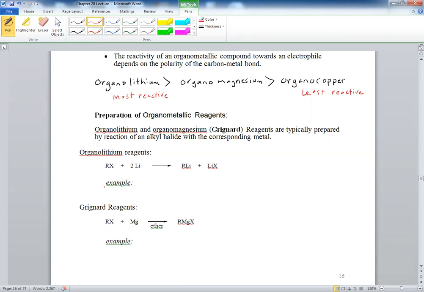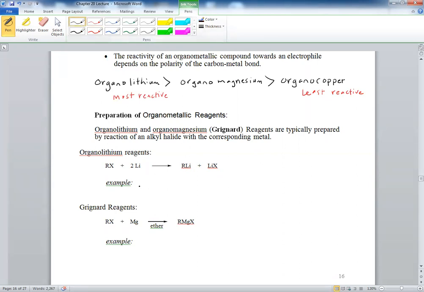So here's an alkyl halide with 2 moles of lithium, that produces the organolithium reagent, and of course, an ionic salt, LiX. I'll just give you an example.